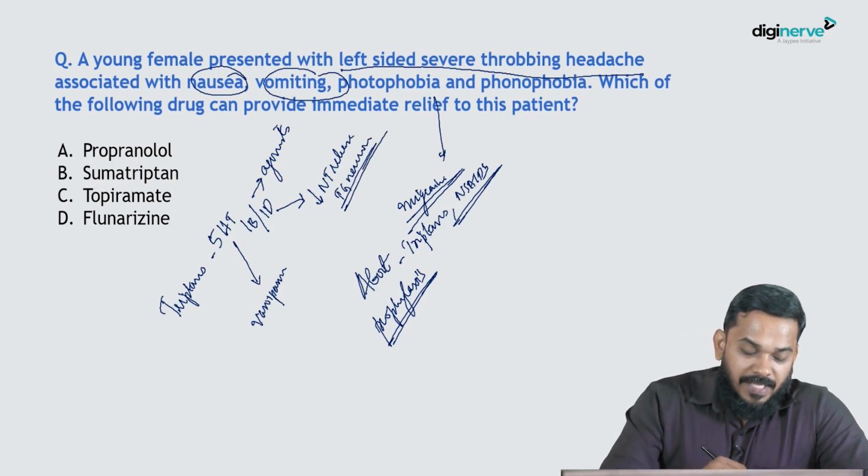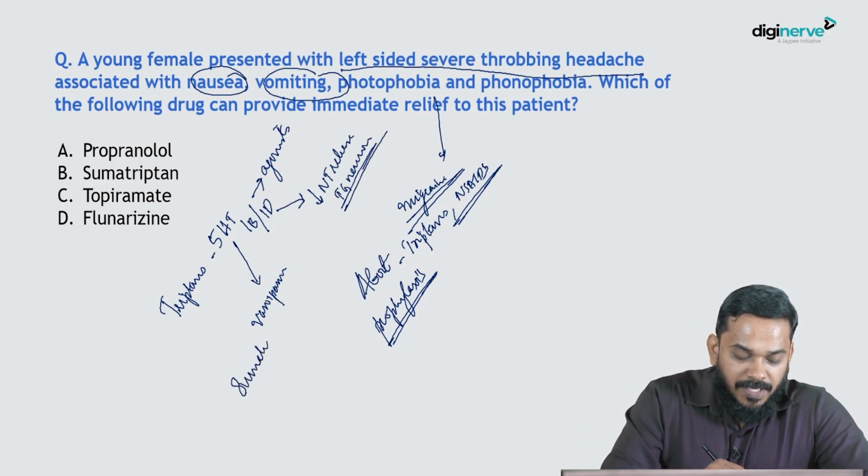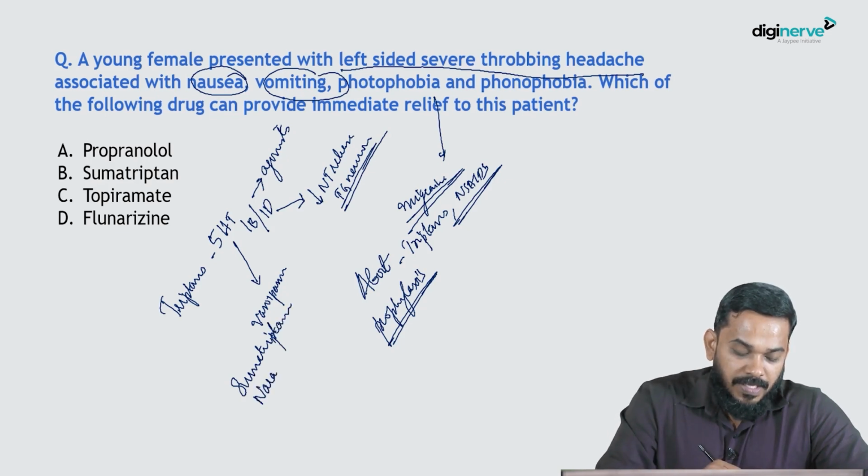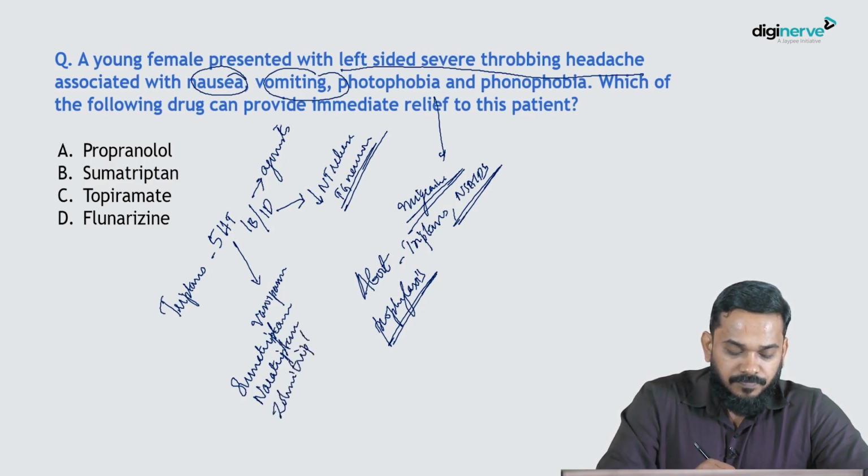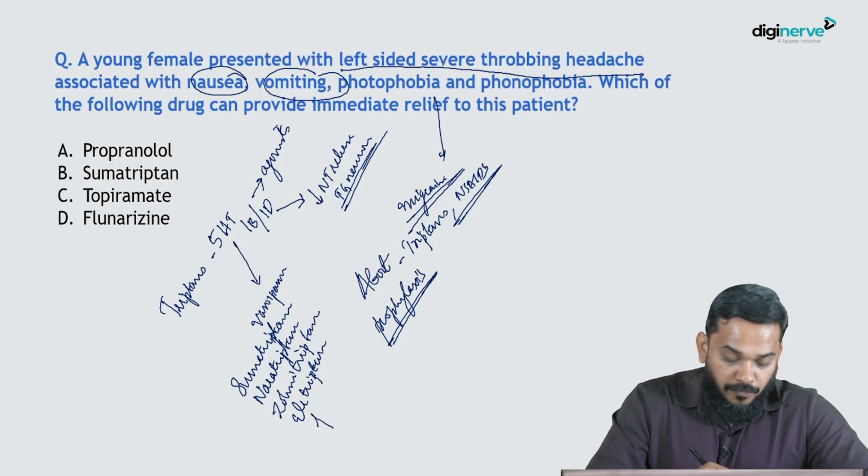The triptans available are sumatriptan, naratriptan, zolmitriptan, eletriptan, frovatriptan, and almotriptan.